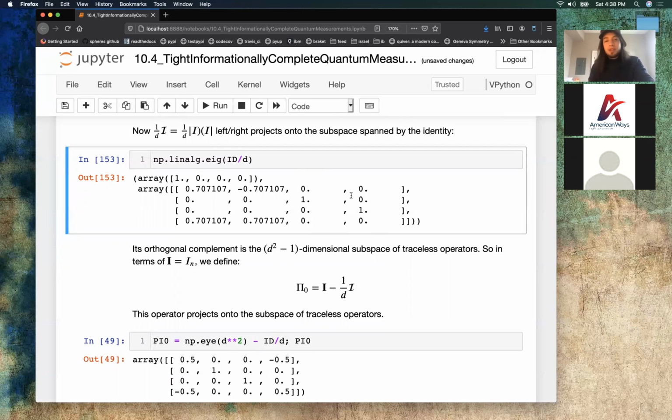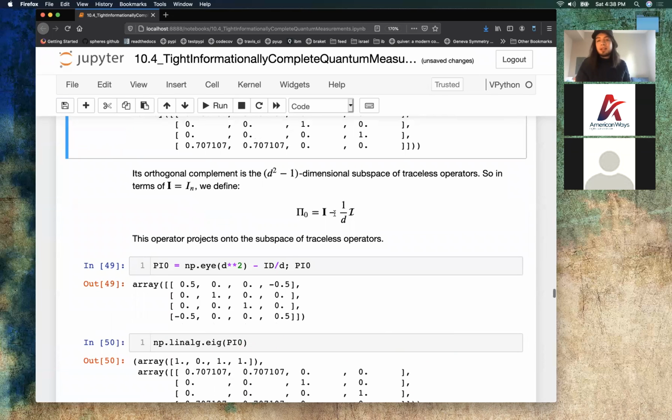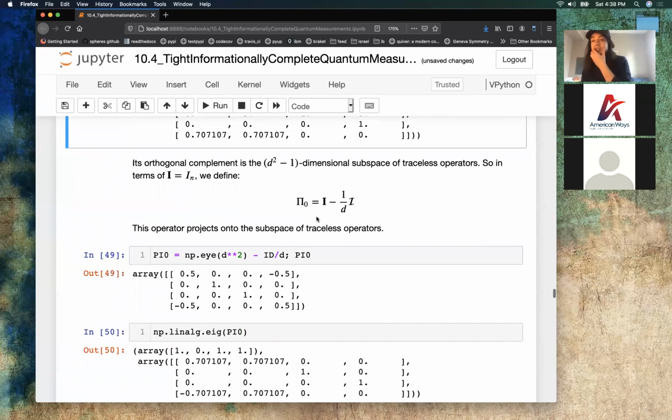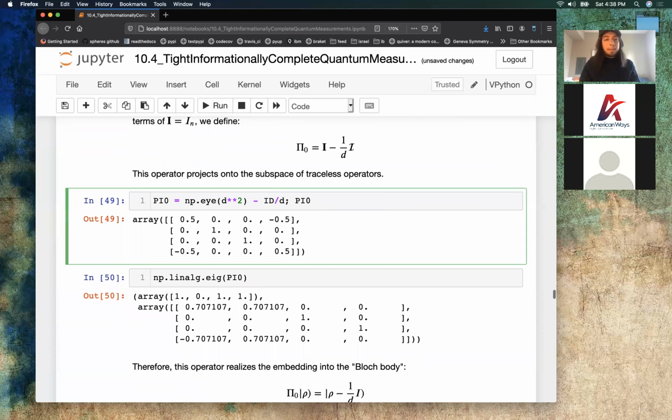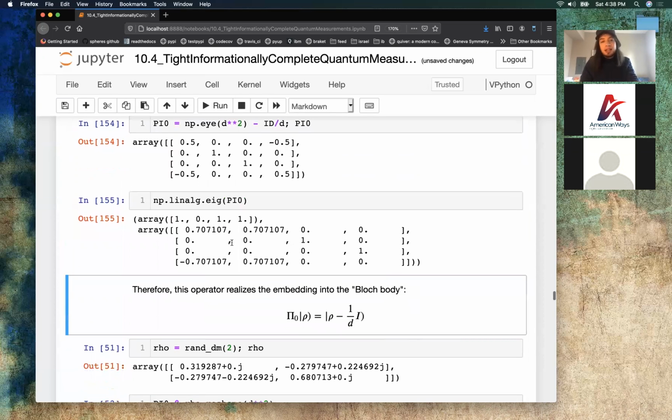So these three are traceless. And so we can define pi0 as this, and it'll be a projector onto the subspace we're interested in, the space of traceless Hermitian operators. So there it is, our pi0. And we can see the identity, which has non-zero trace, is the only one that has eigenvalue corresponding to 0.